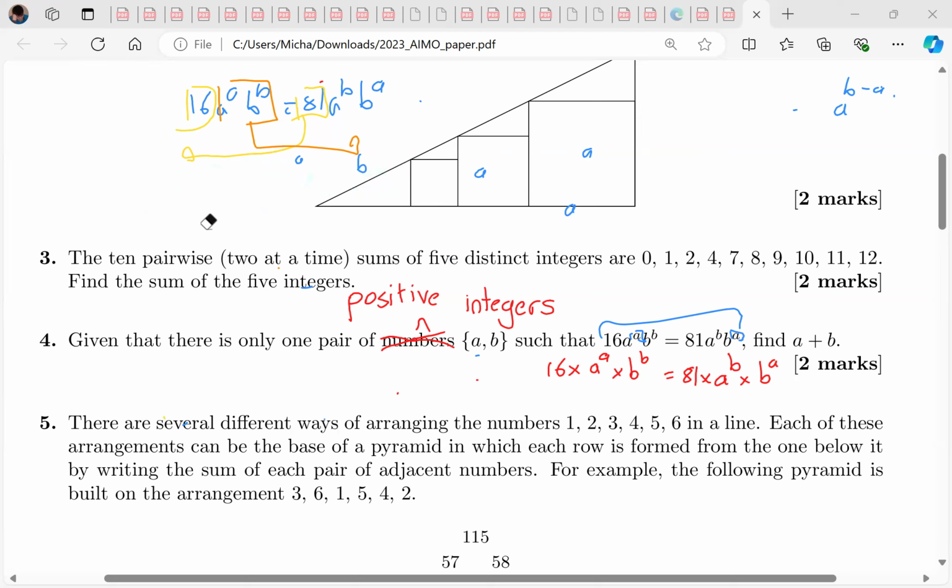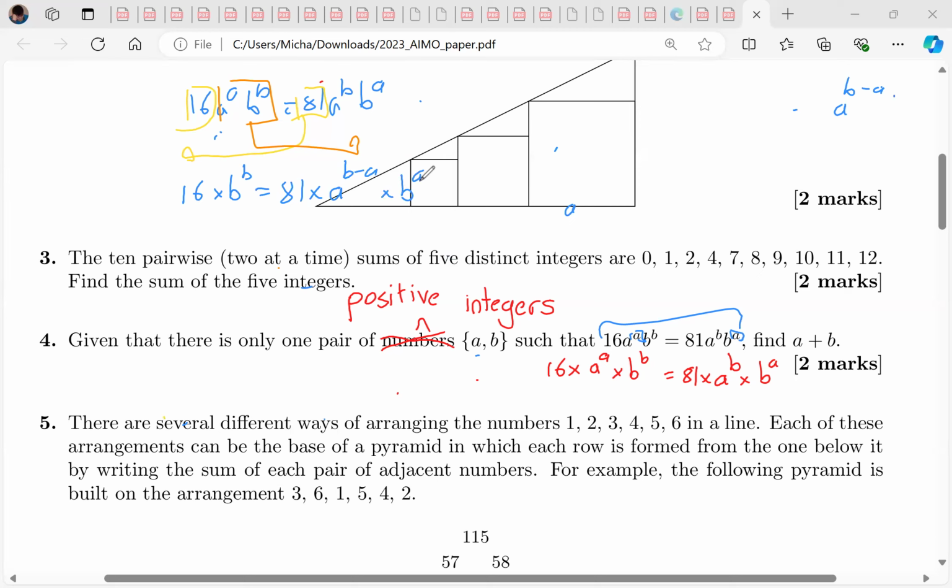We cancel the As on the left with As on the right, and then we're going to be left with B minus As. So we get 16 times B to the B is equal to 81 times A to the B minus A times B to the A.